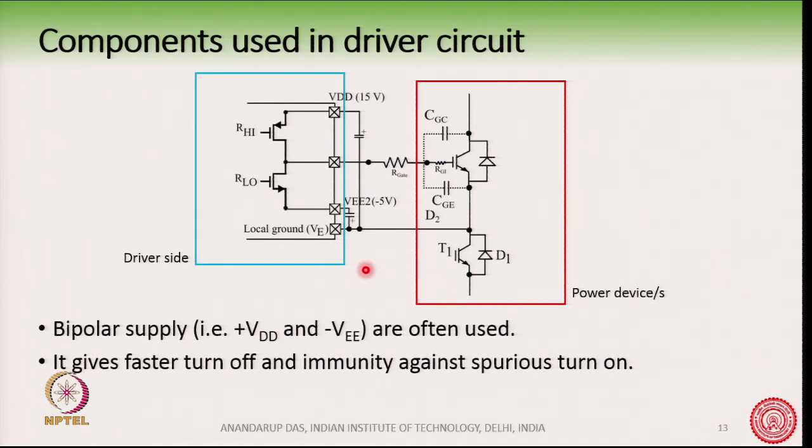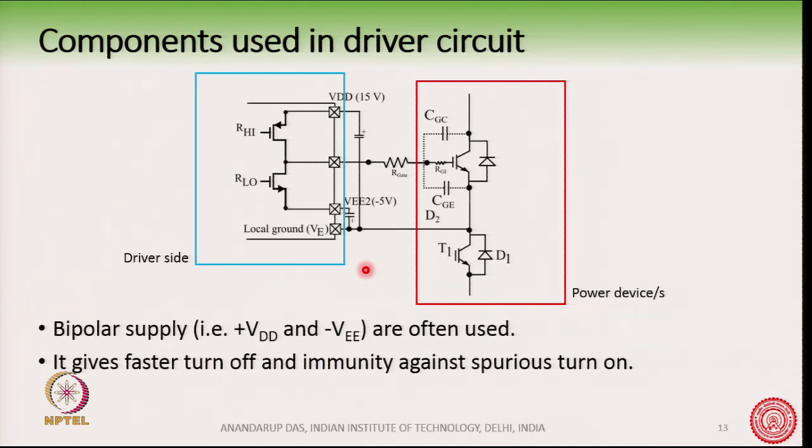In particular, nowadays when these SiC MOSFETs are getting a lot of development, we would say that a minus 5 volt will give you advantages: faster turn off and immunity against spurious turn on.